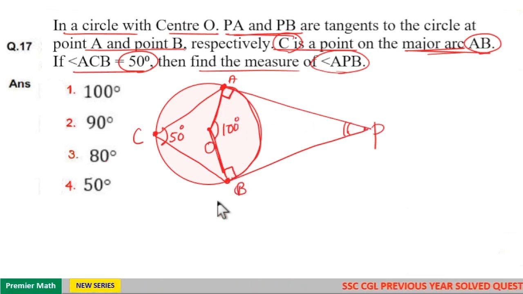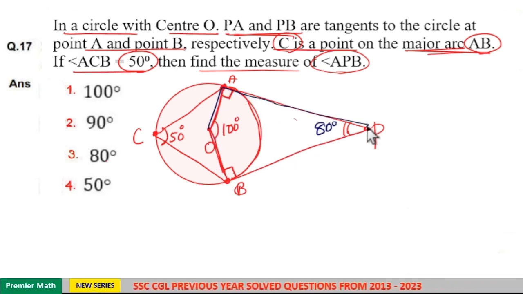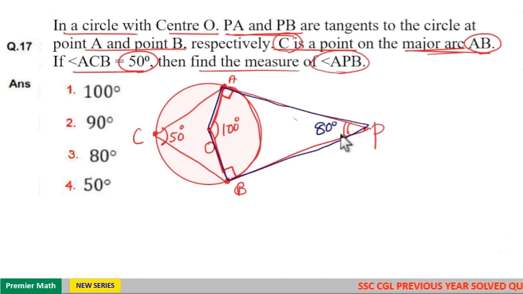So 90 plus 90 is 180 degrees, and this is 100, so this should be 80 degrees. That is 100 plus 80 is 180 degrees, so the sum of angles of this quadrilateral is 360 degrees. If these two are 180 degrees, then these two should be 180 degrees. That is, angle APB is equal to 80 degrees. Option 3 is your answer.